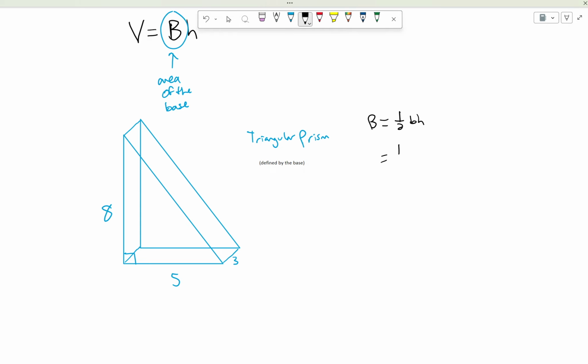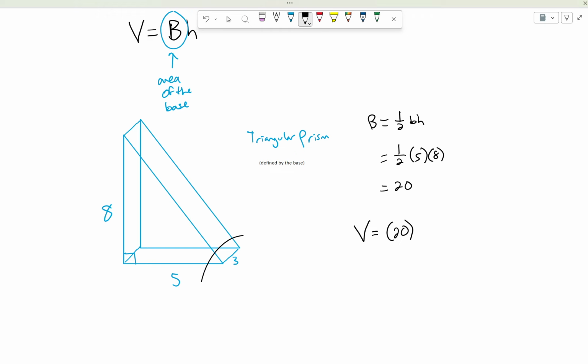So it's 1/2 of the base, which is 5, times the height of it, which is 8. You could say one's the height and the other one's the base because it's a right triangle. So it's 8 times 5, which is 40, divided by 2 is 20, okay? And then we're going to say the volume is equal to 20, the area of that base.